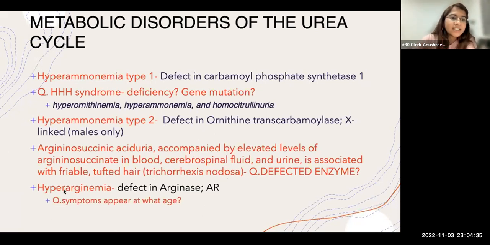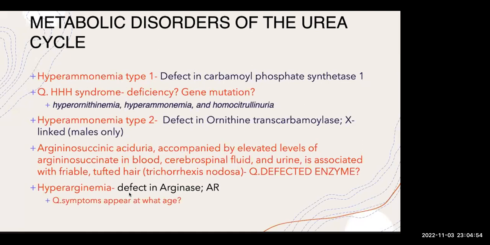Okay, so next, hyperargininemia. It is the defect in the arginase enzyme. I told you all others were the recessive conditions apart from hyperammonemia type 1. So I want to ask, when do you think symptoms would occur for this condition? After 2 to 4 years of age. Yes, 2 to 4 years.